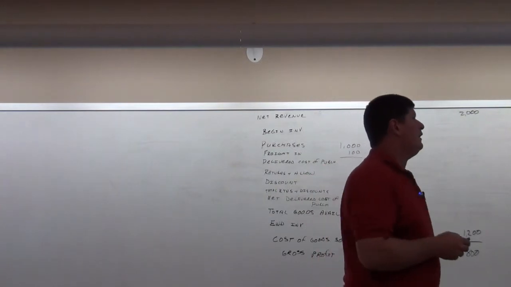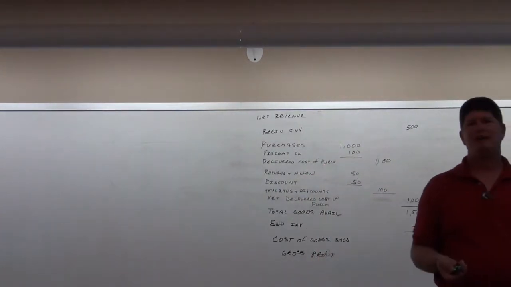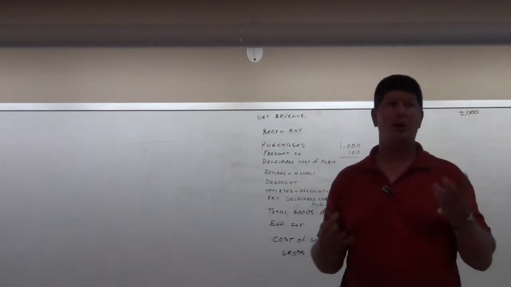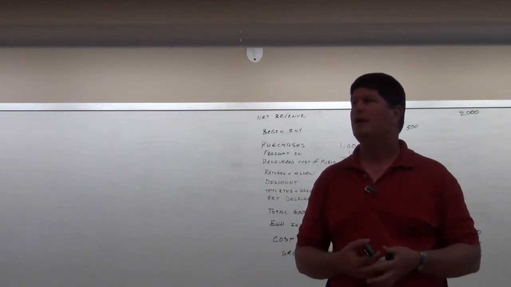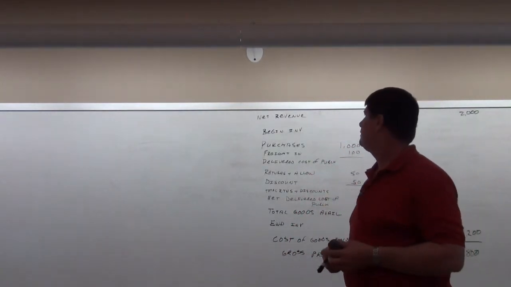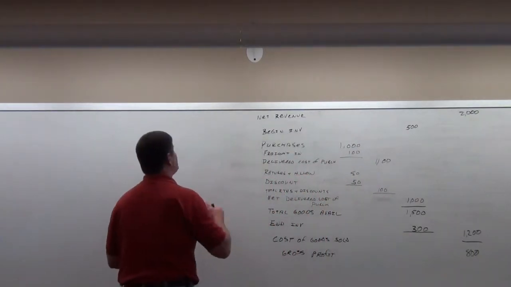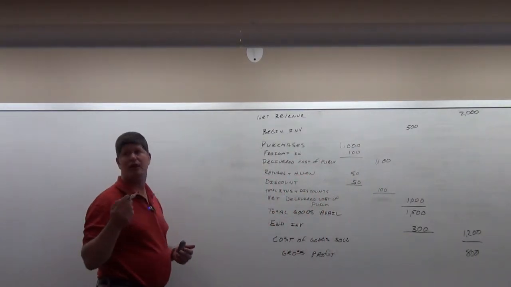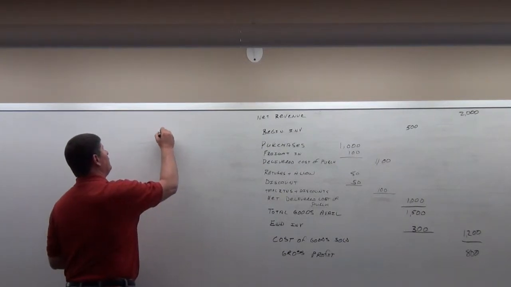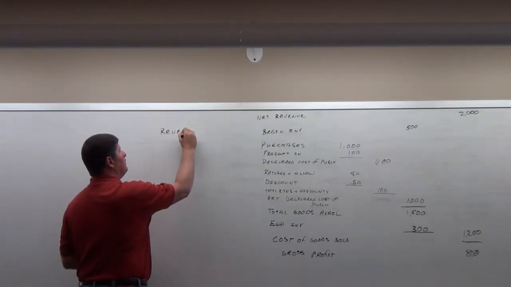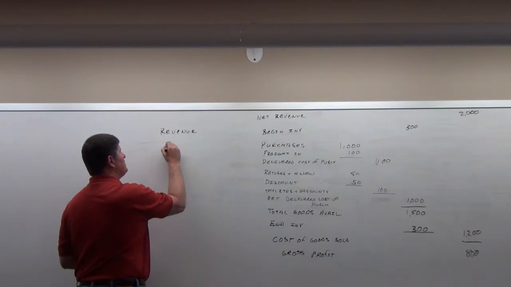Okay, all right. So a classified income statement is a multi-step income statement. Multi-step, let me back up. Our single-step income statement was what we did in chapters 1 through 6, where we had revenue, and then we had expenses.